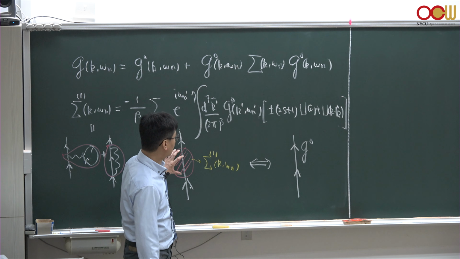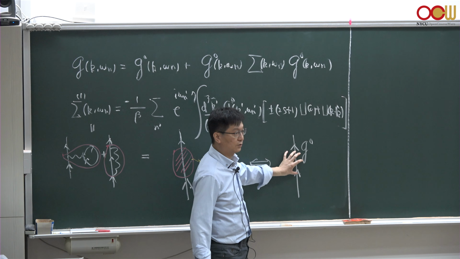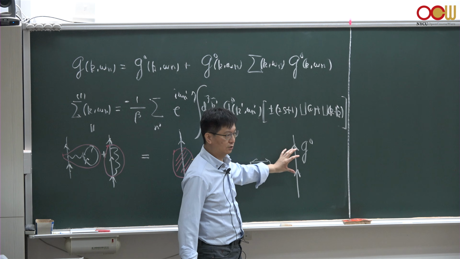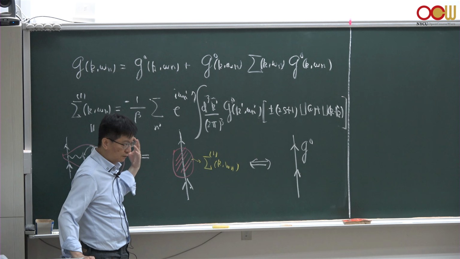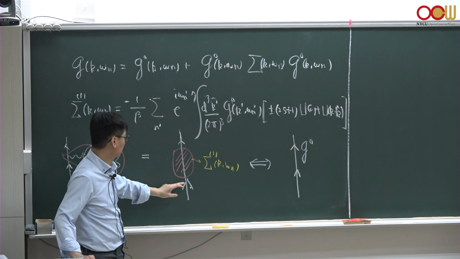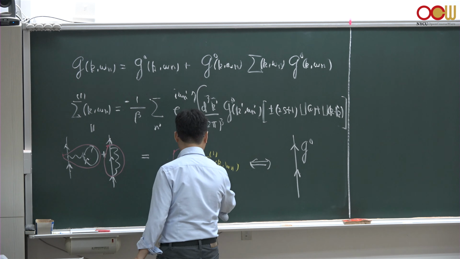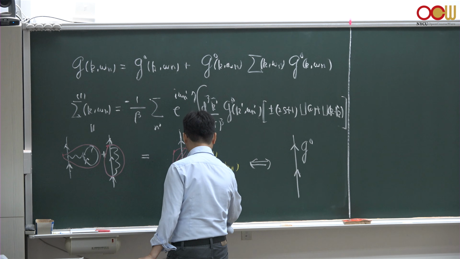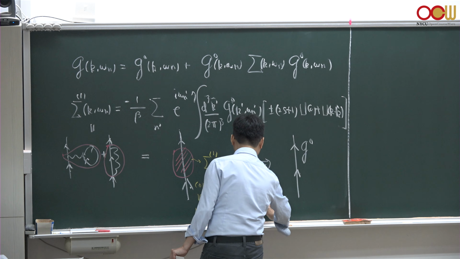But this quantity, capital sigma, that is inserted in the middle of this G0 tells you that it actually modifies the energy of this particle for this G0. So in other words, this sigma 1 actually corrects or revises the particle energy of this G0 propagator.